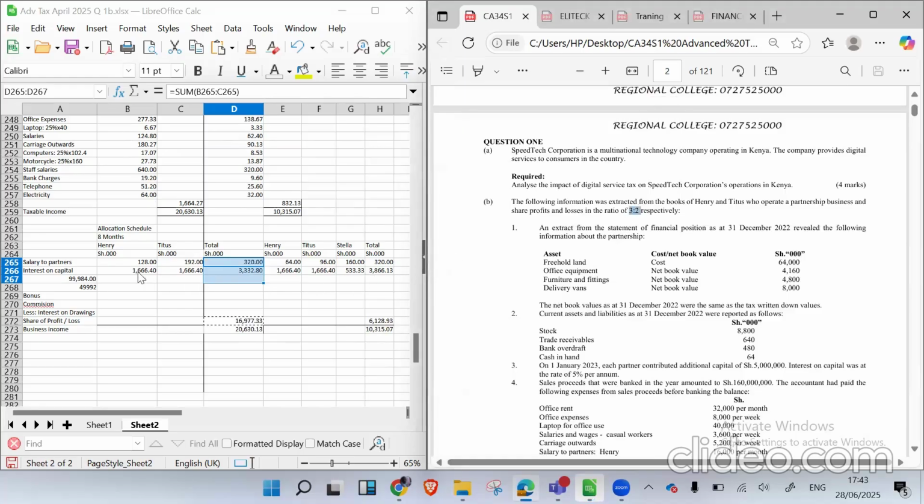Right? Yeah. So Henry is getting 3, Titus is getting 2, total is 5. So therefore for Henry, it will be 3/5 times this.